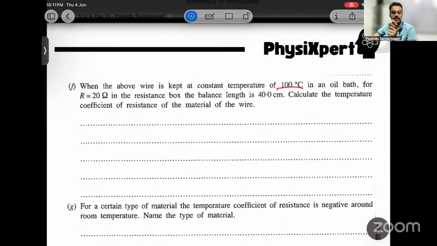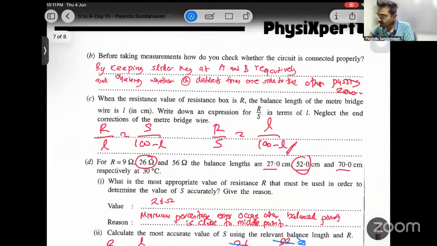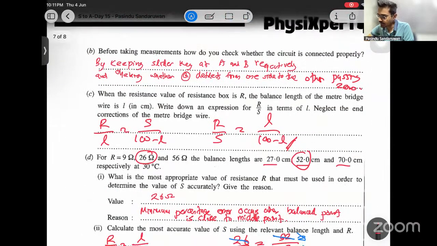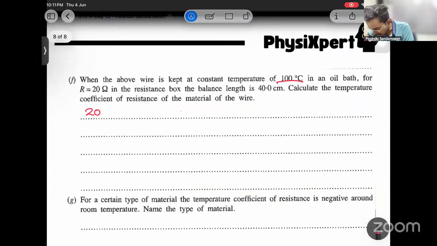Right. Now, first thing, the resistance of the wire is not given. We have to find it. Then again, we can use this equation we have proved: R over S equals L over 100 minus L. Now R is 20, and I need to find S. L is 40, so 40 over 100 minus 40, which is 60.